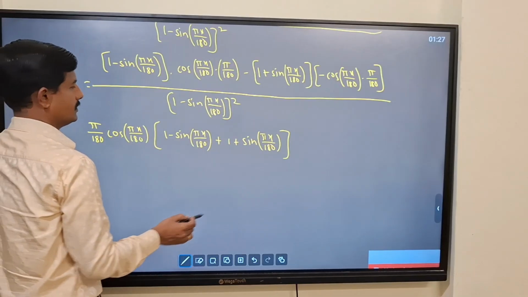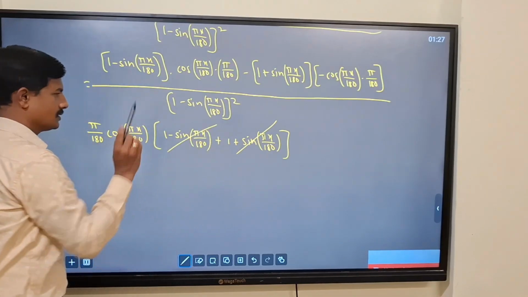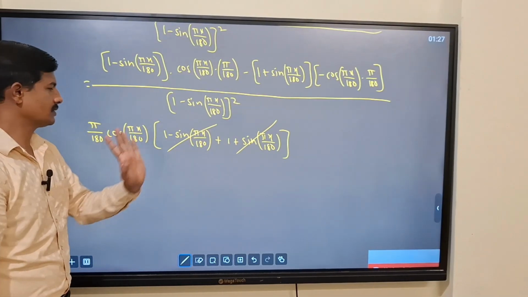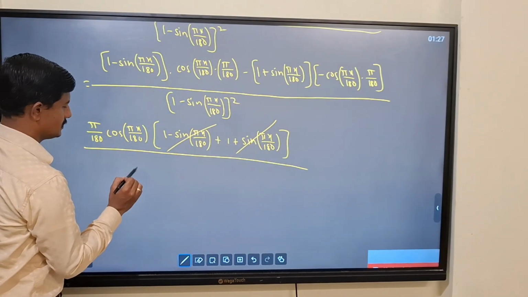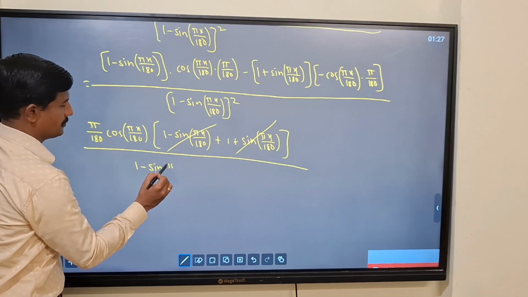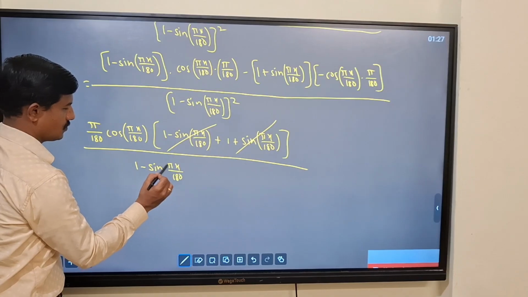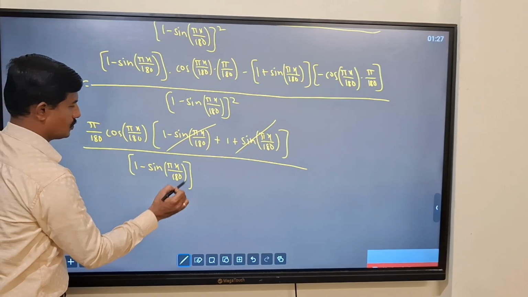Okay, these terms cancel. This 1 plus 1 becomes 2. This remains as it is, 1 minus sine pi x by 180 whole square.